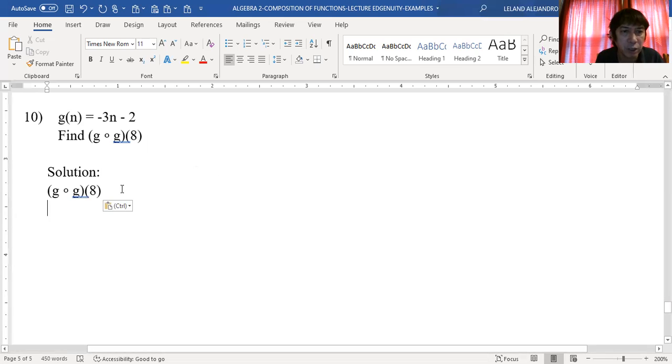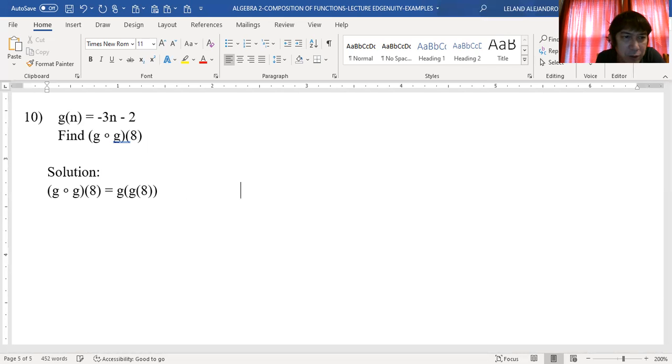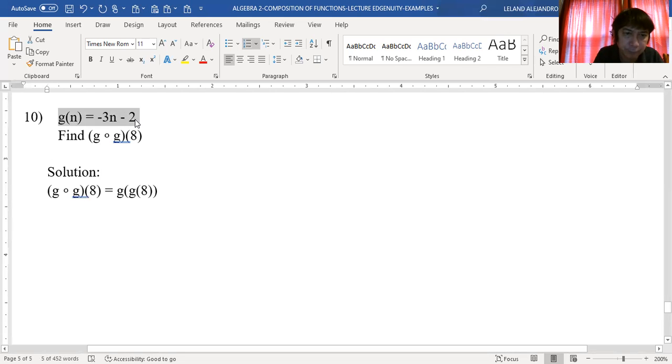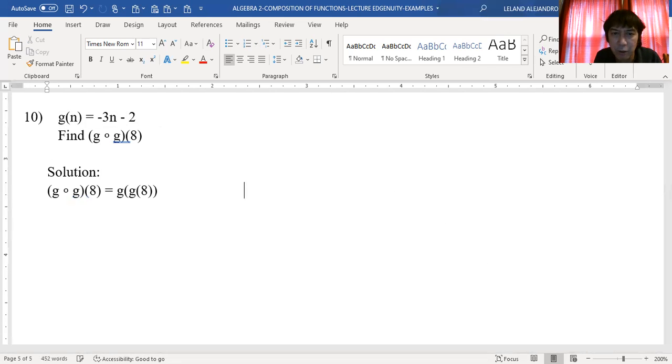G of G means input to itself. So this is G of G of 8. So we will start with G of 8 first. Let's get the value of G of 8 first. And then where you see the n will be replaced by 8.